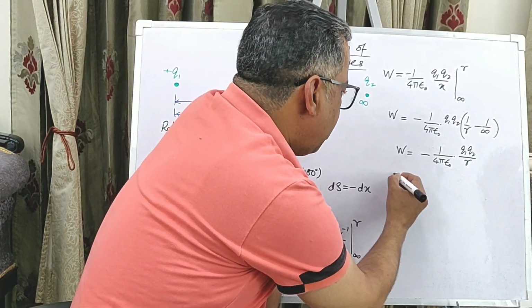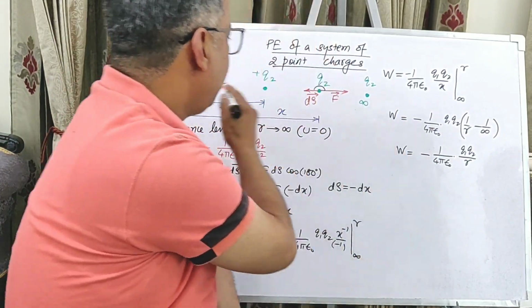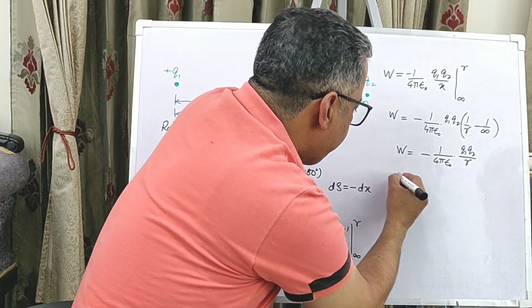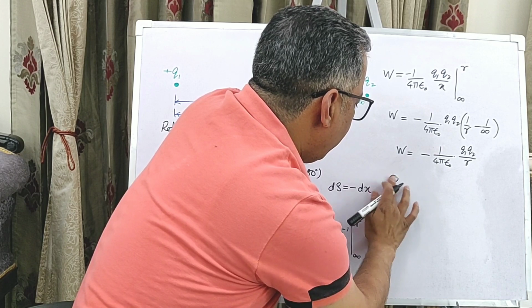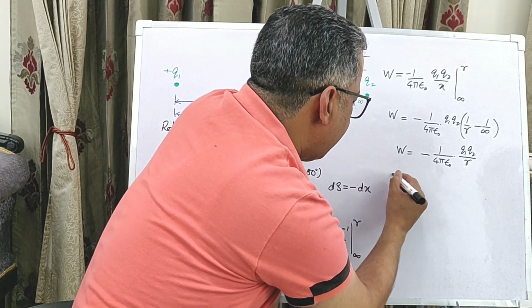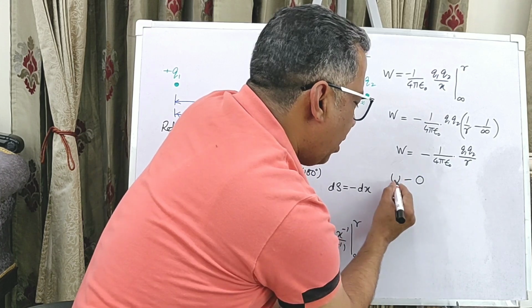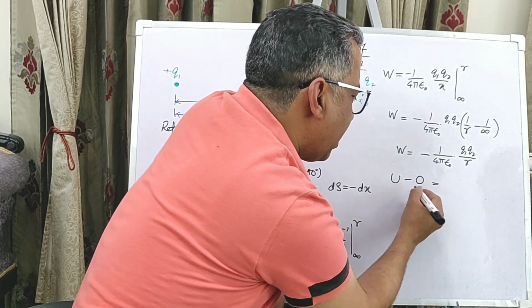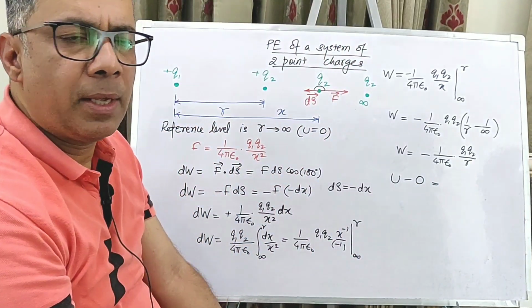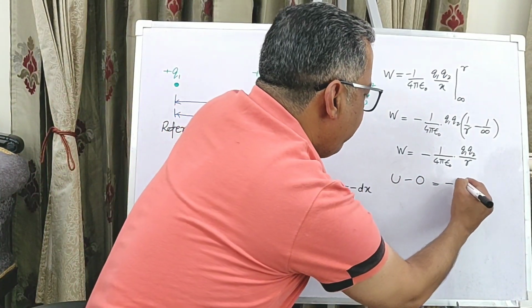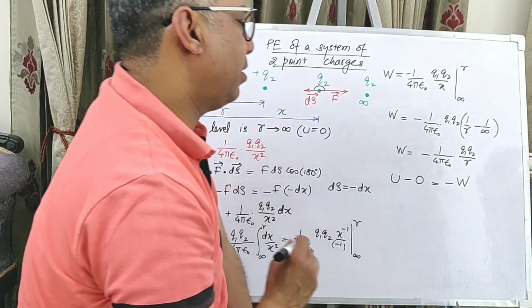Now, the initial potential energy of the system when Q2 was at infinity was 0, and the final potential energy is U. So U minus, final potential energy minus initial, that's the change in potential energy. And the change in potential energy is negative of work done by the conservative force.